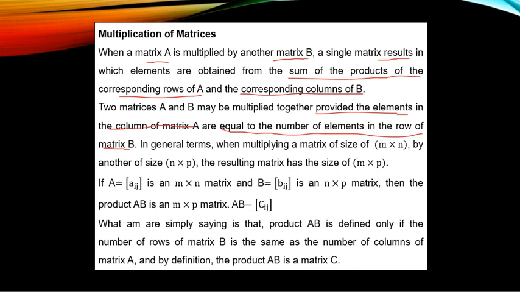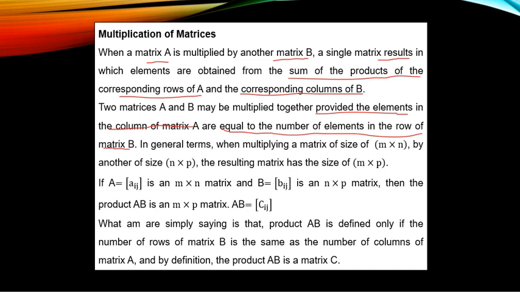In other words, you can multiply two matrices if the number of columns in the first matrix is equal to the number of rows in the second matrix.